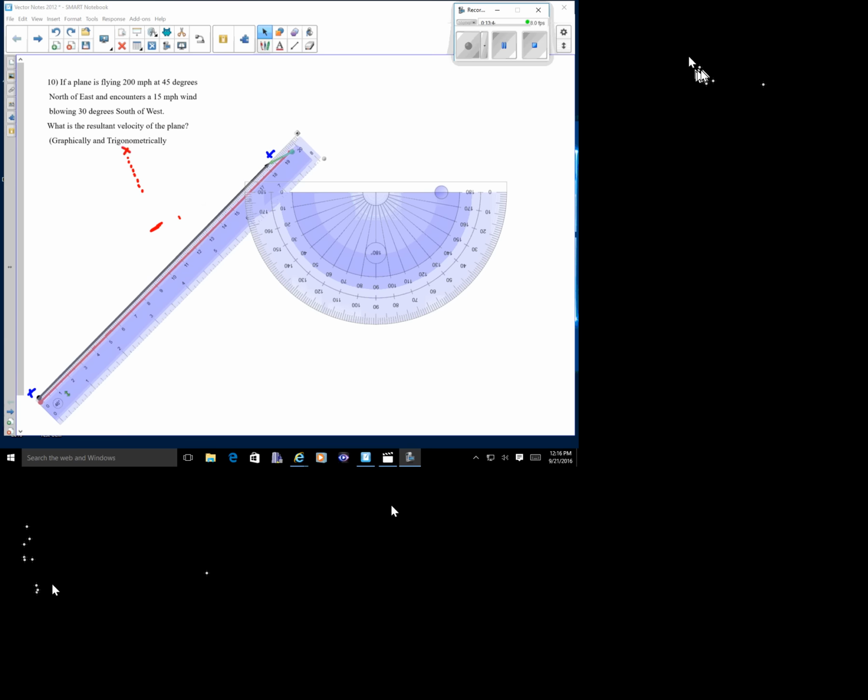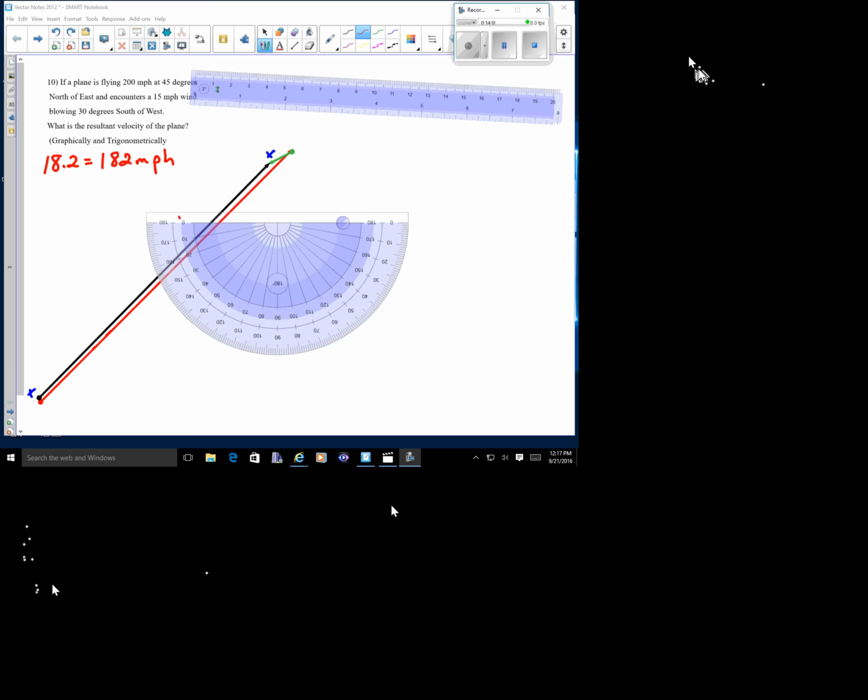But that's not what a vector is. You also have to give direction. So now I have to bring my protractor back down. Let me flip it over here, like so, and bring it down to the very beginning. I'm going to be a little bit off here because my lines didn't start off right. That red line was supposed to be at 45.